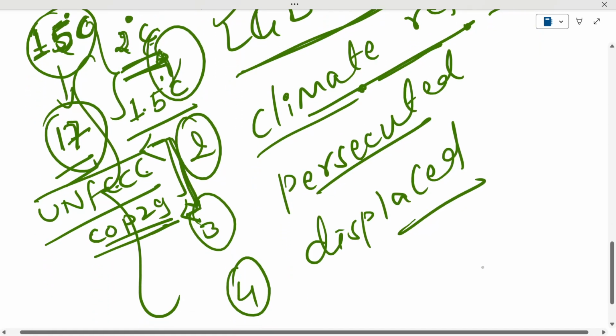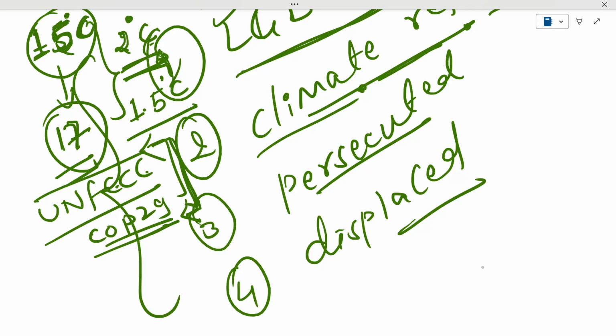So why was this temperature breached? The glaciers started melting. There was erratic rainfall everywhere.